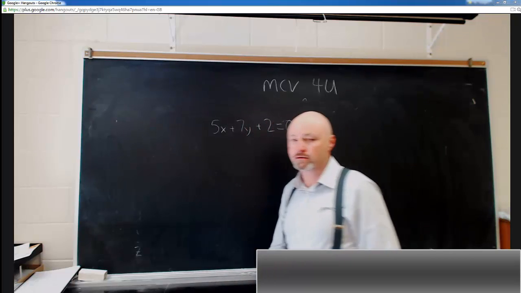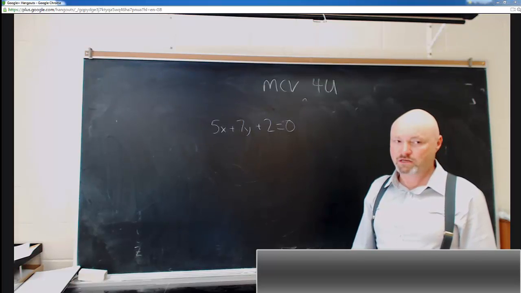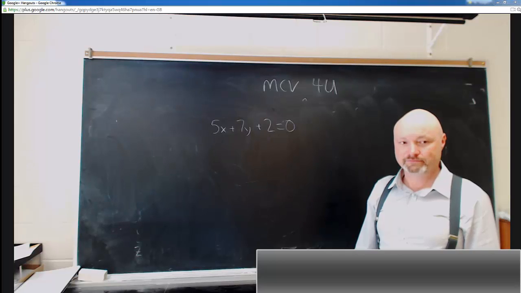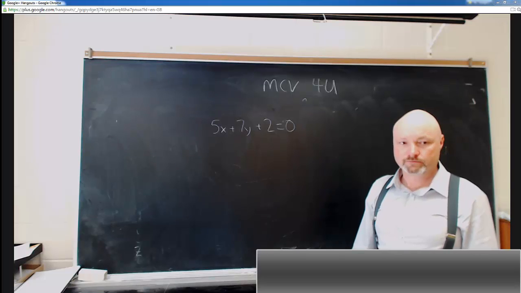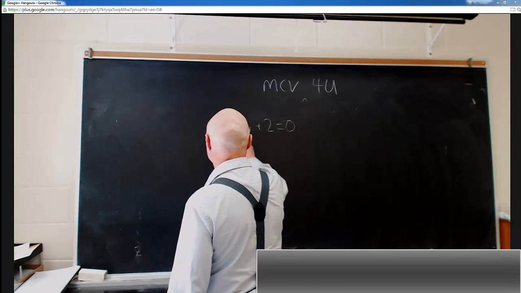Give me an equation that is parallel to that one, but is not the same line. I can come up with one real fast. Do you want to see it? Sure. I'll say 5x plus 7y plus 4.